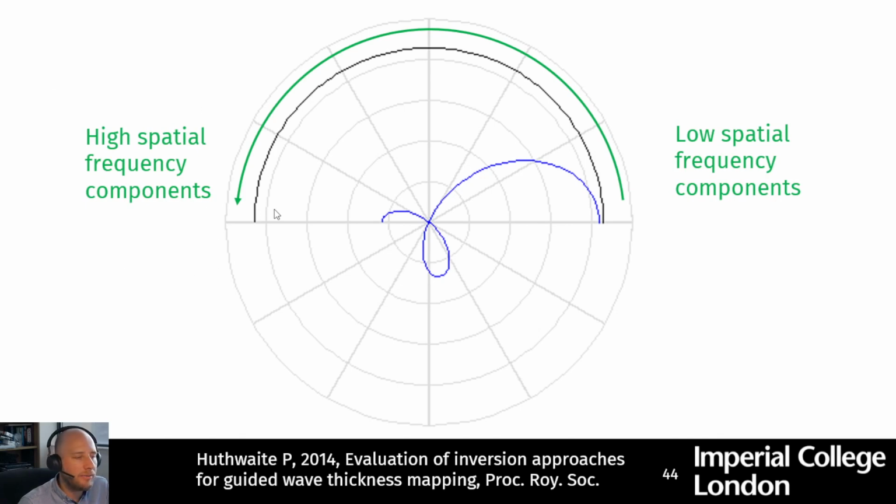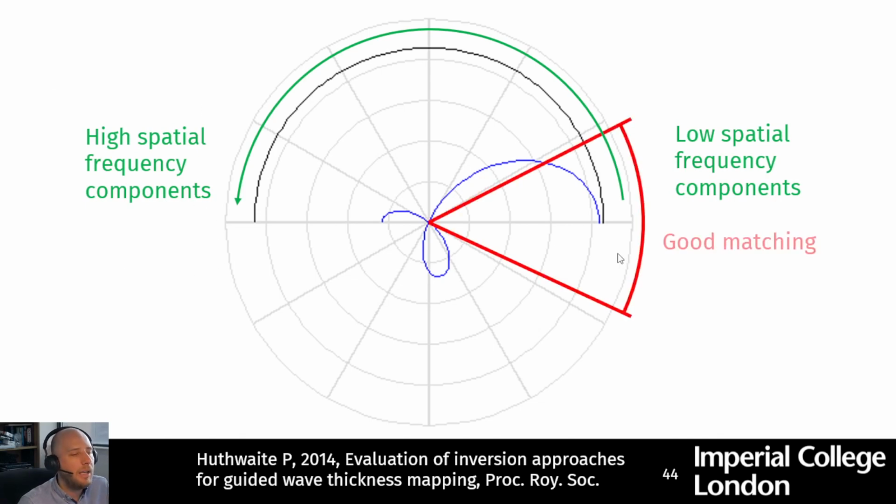Reflection, you get high spatial frequency components. In the through transmission regime, there's always a bit of deviation, but there's not too much deviation between the blue and the black lines up until this particular angle. Obviously, it's slightly arbitrary where you draw the line, but I've drawn it here. And within this region, this red region here, we can say we get good matching.